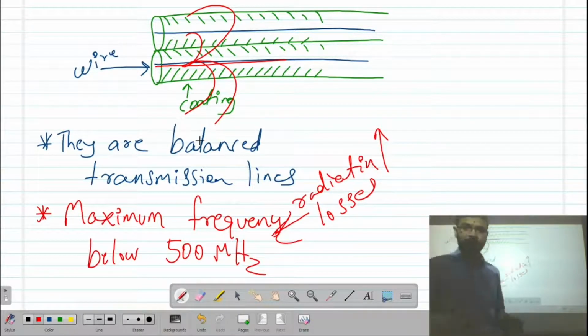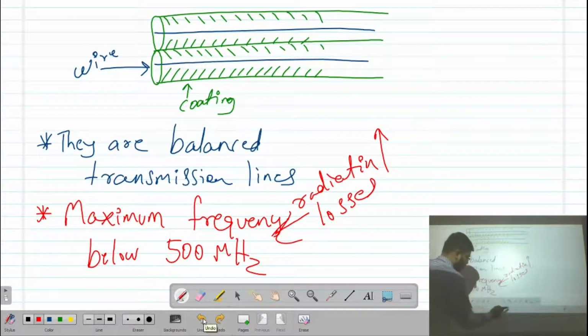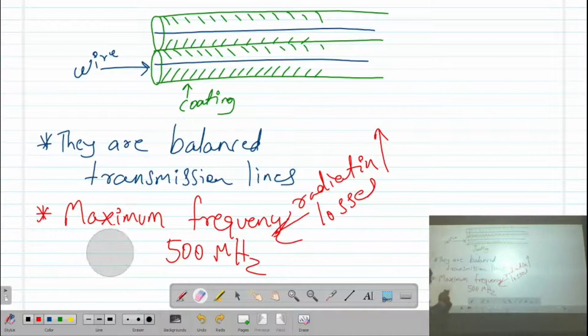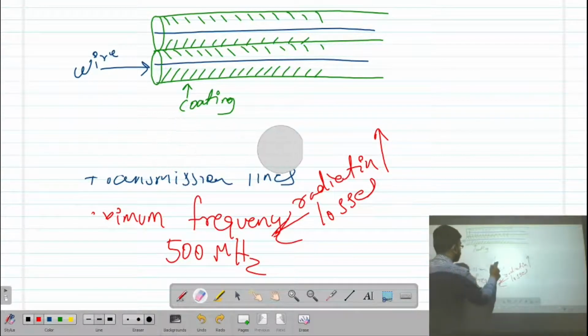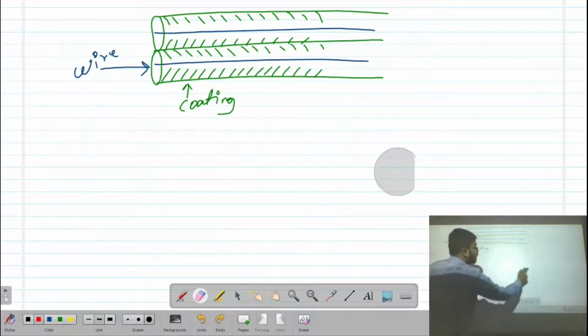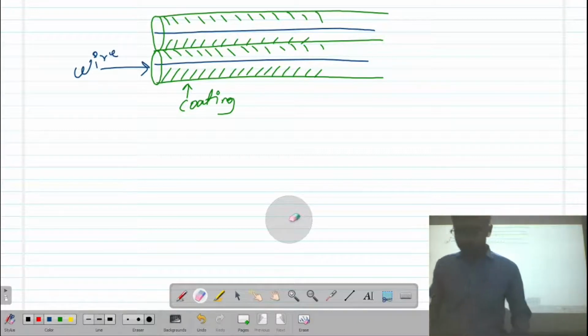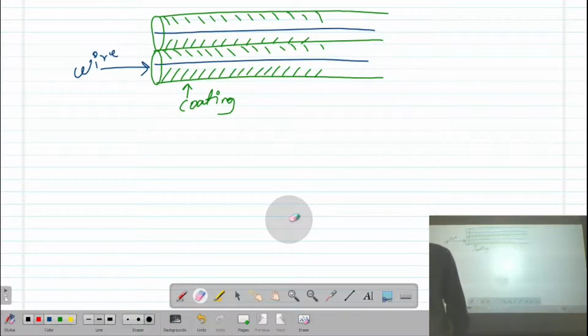Now we will start our first topic, that is the current and voltage relation for a two-wire transmission line. And in that topic we will find out the voltage and current relation for a two-wire transmission line, right?